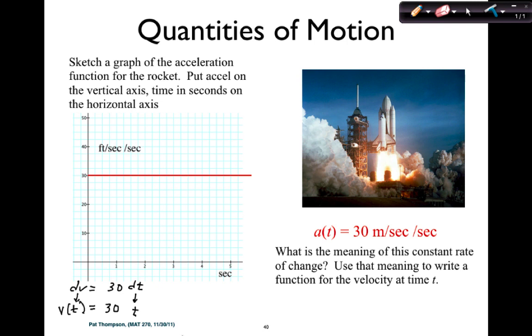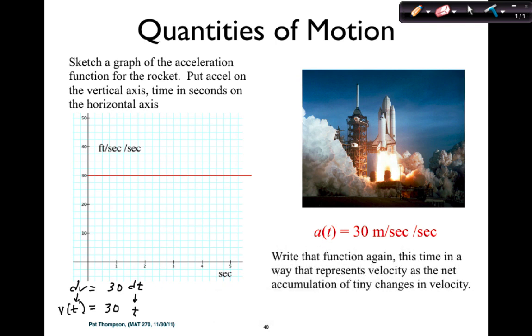Okay, again, the meaning of the constant rate of change is, given any change in time, the change in speed will be 30 times that change in time, and since we can say the change from 0 is t, and the change in velocity from 0 is v, we can also say v of t equals 30t. Okay, so that is the speed function.